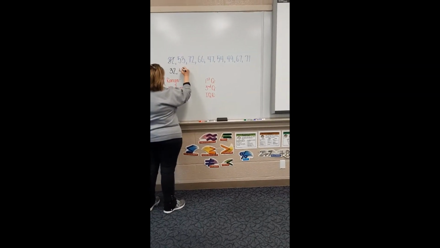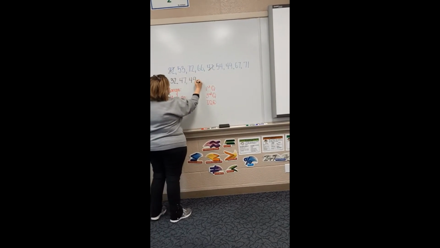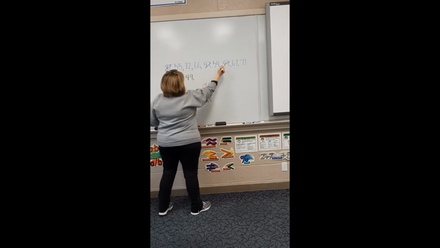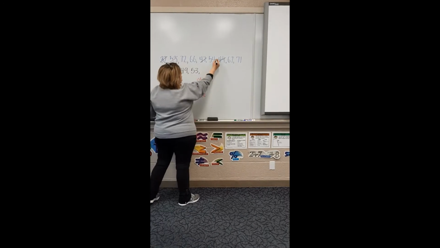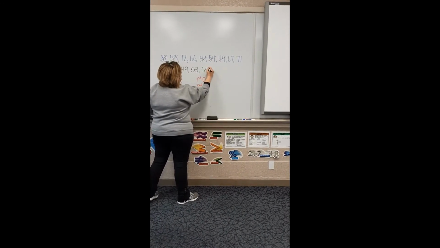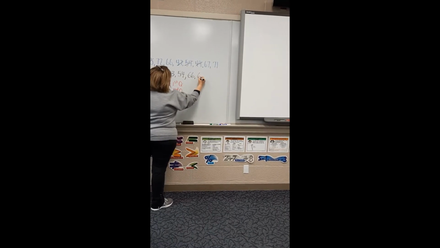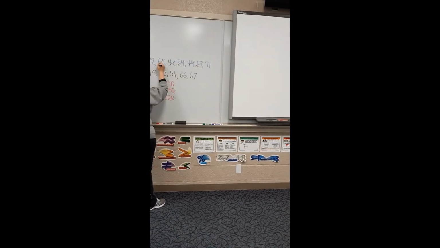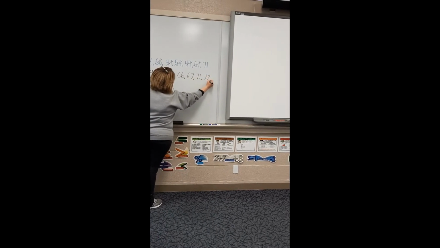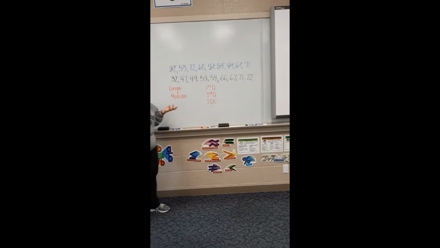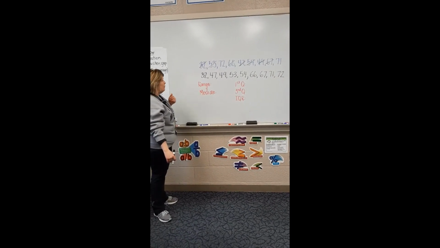So the next number, 47, 49, 53, 54, 66, 67, 71, and 72. This is the first journal problem from this lesson 9-4.